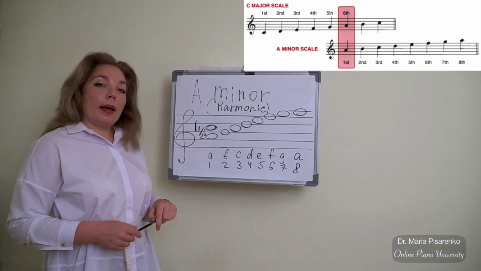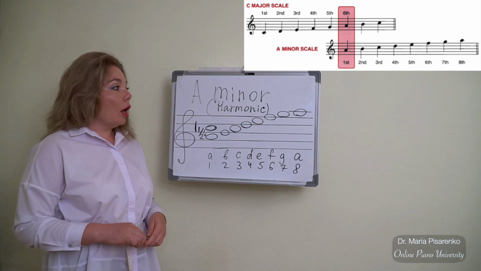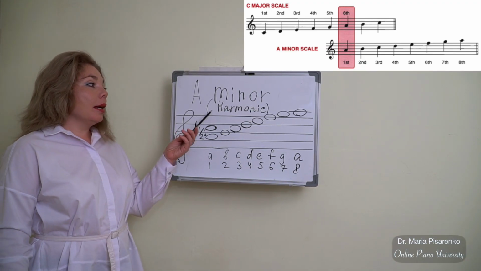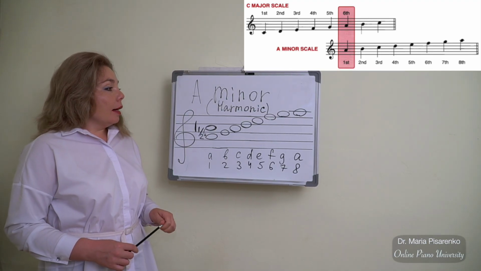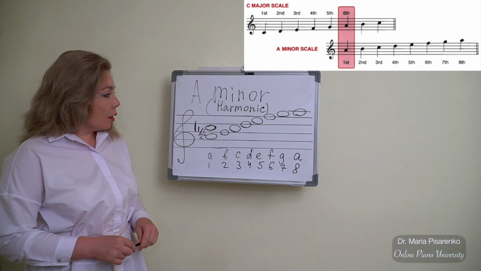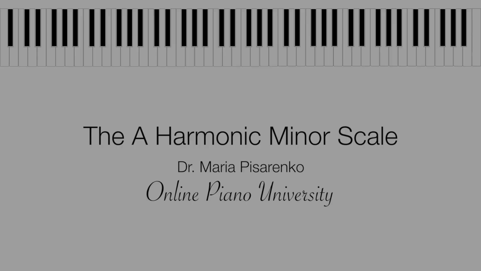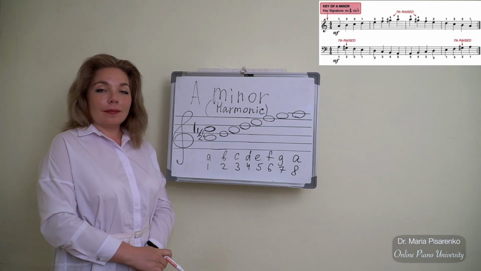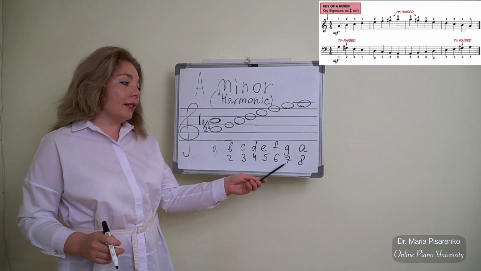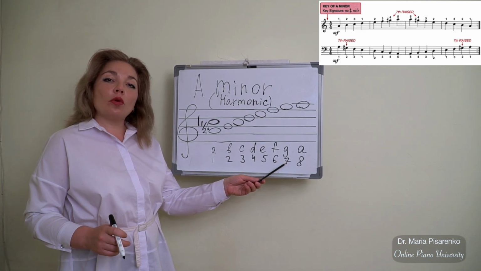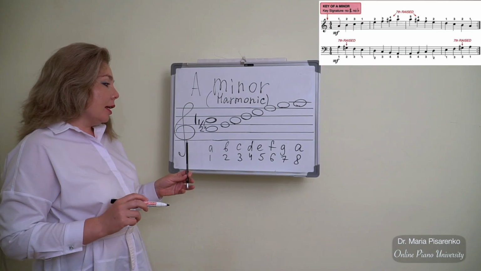Now, a minor key can be natural minor and it can be a harmonic minor. Let's see what we can do to make it harmonic. To make it harmonic, you need to find the seventh note of the A minor scale.